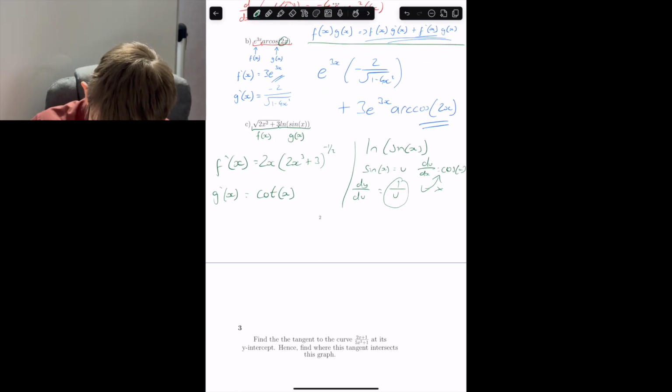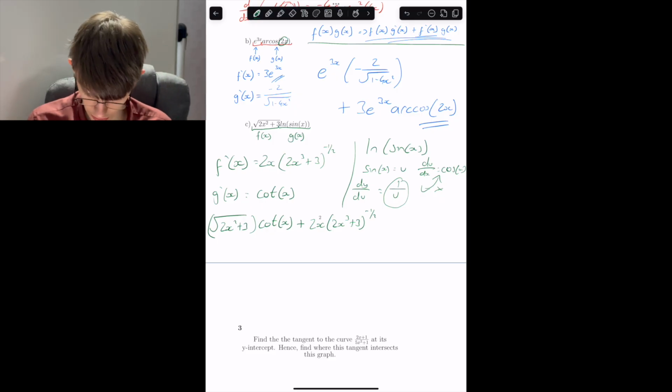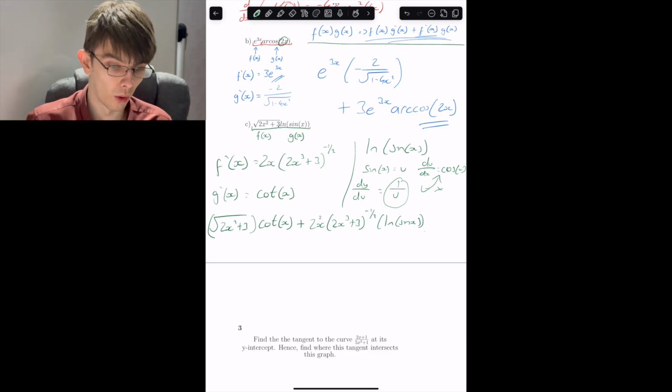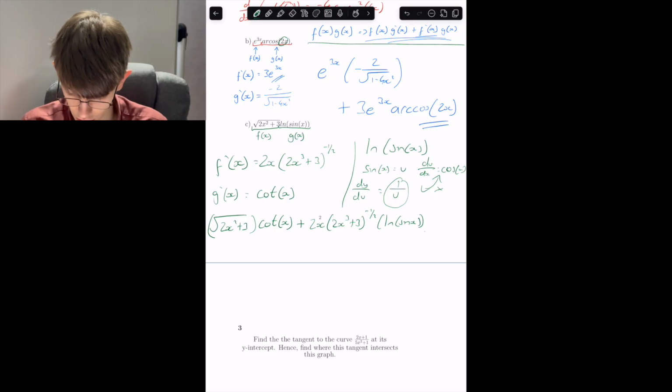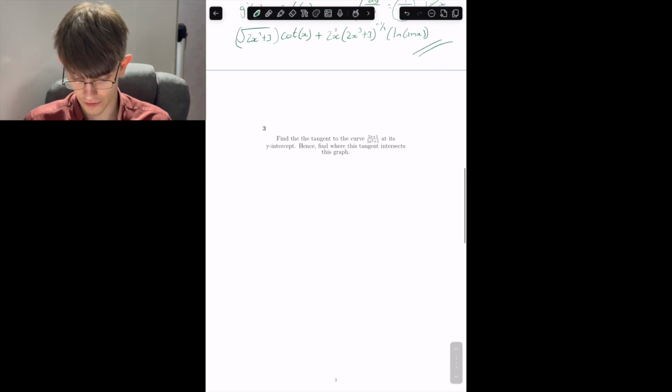So we end up with f of x, which is root 2x squared plus 3 times g prime of x, which is cot of x, plus f prime of x, which is 2x squared plus 3 to the minus a half times g of x, which is ln of sine x. Ooh, quite a mouthful. But again, no one said the answers are going to be pretty. Right then, let's move on. Question 3.